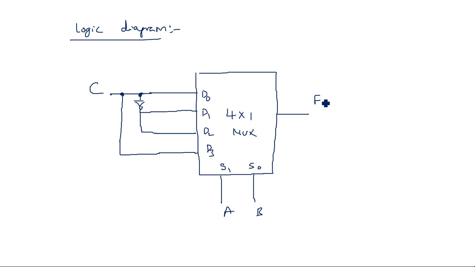This is the output F. So one of the selection lines we are connecting as input, and then we can make an 8 by 1 multiplexer with a 4 by 1 multiplexer. This is a very important design. Okay, thank you.